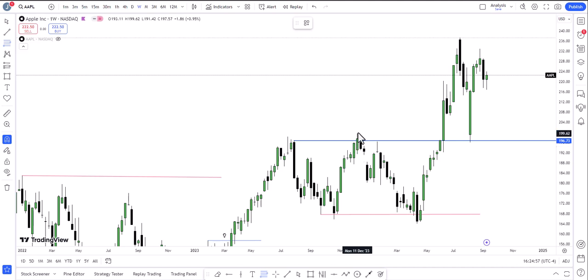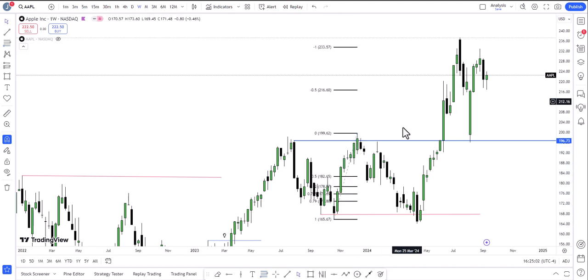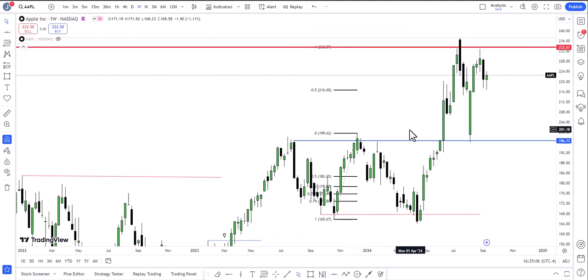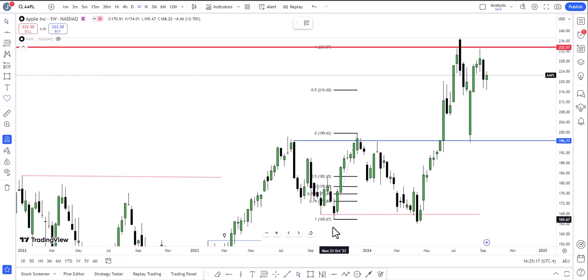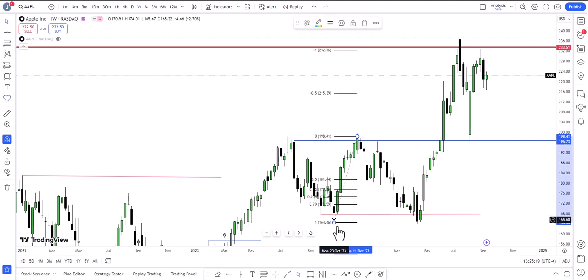Here, take a measure of this range to here. Perfect delivery. So one standard deviation, essentially measuring this impulse swing here, where we have our swing low there.